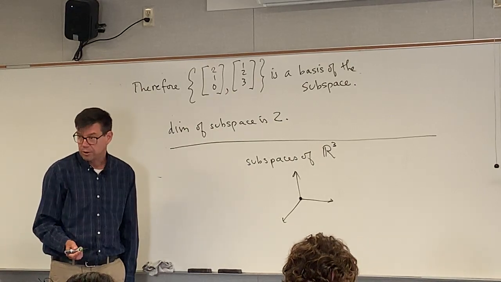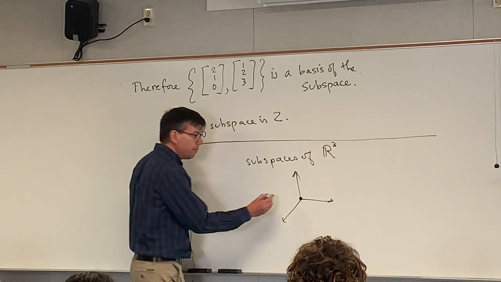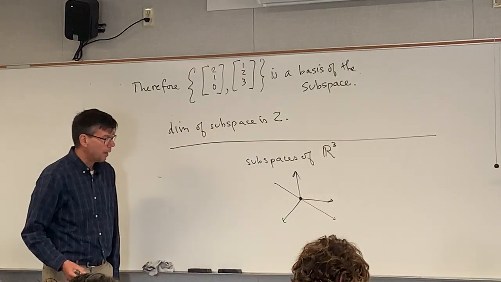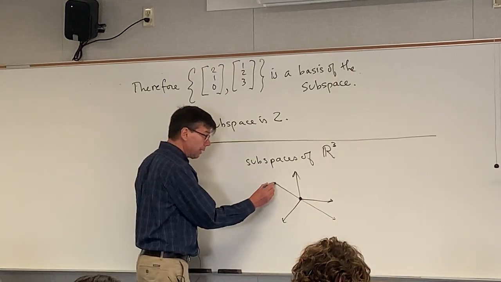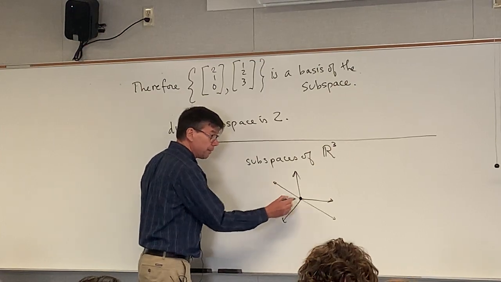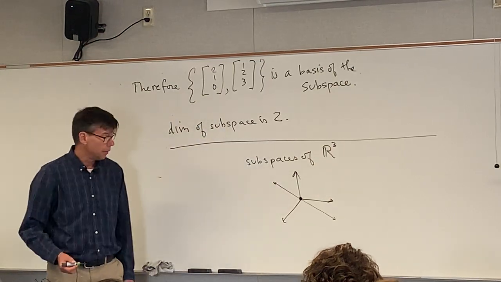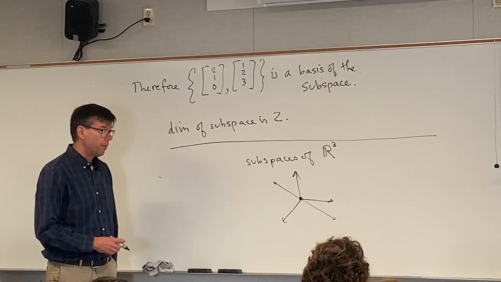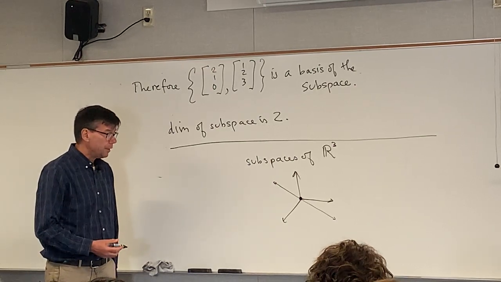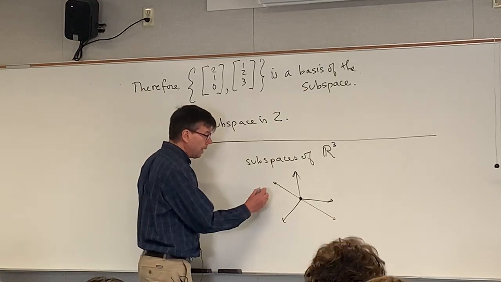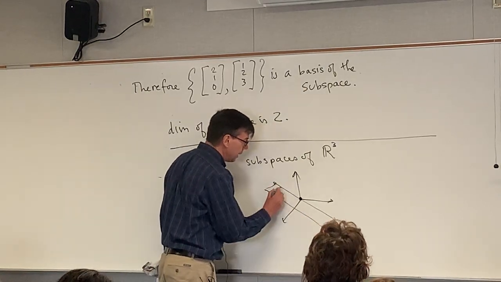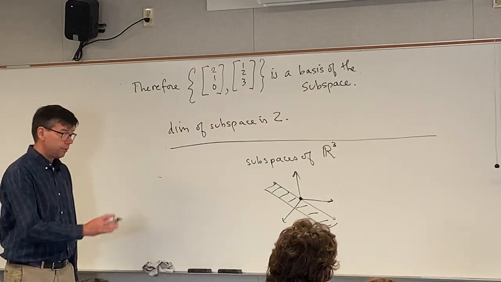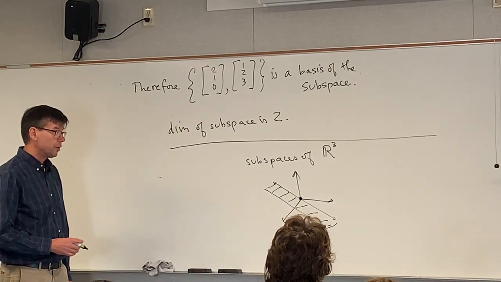Any one-dimensional subspace will be a line through the origin, geometrically. It's got to include the origin, because to be a subspace, it has to include 0. So all lines through the origin of R^3 are one-dimensional subspaces. A two-dimensional subspace is a plane that includes the origin, and all planes through the origin are two-dimensional subspaces.